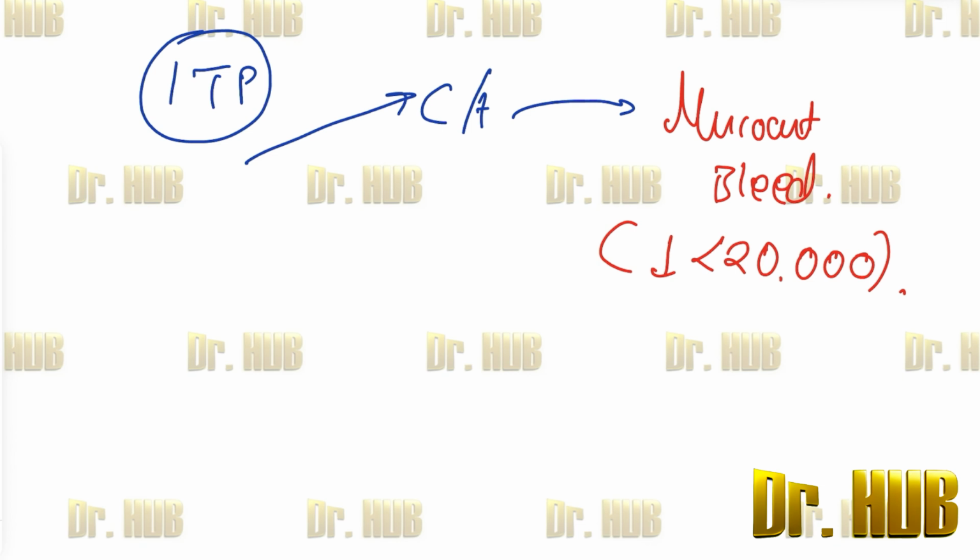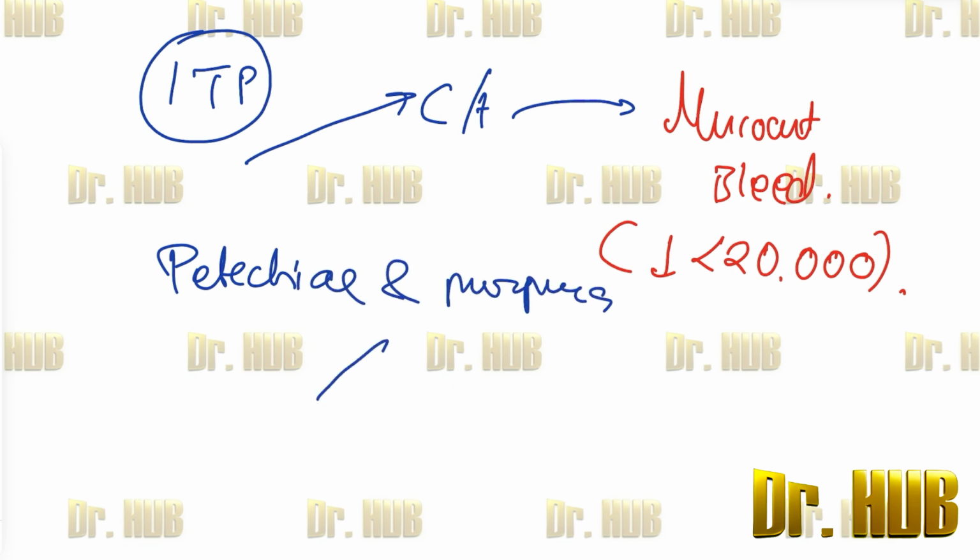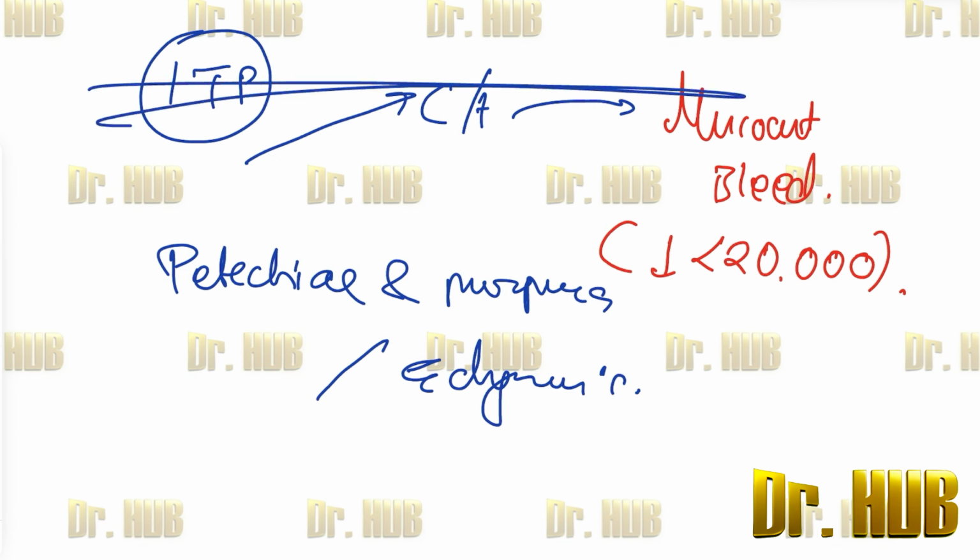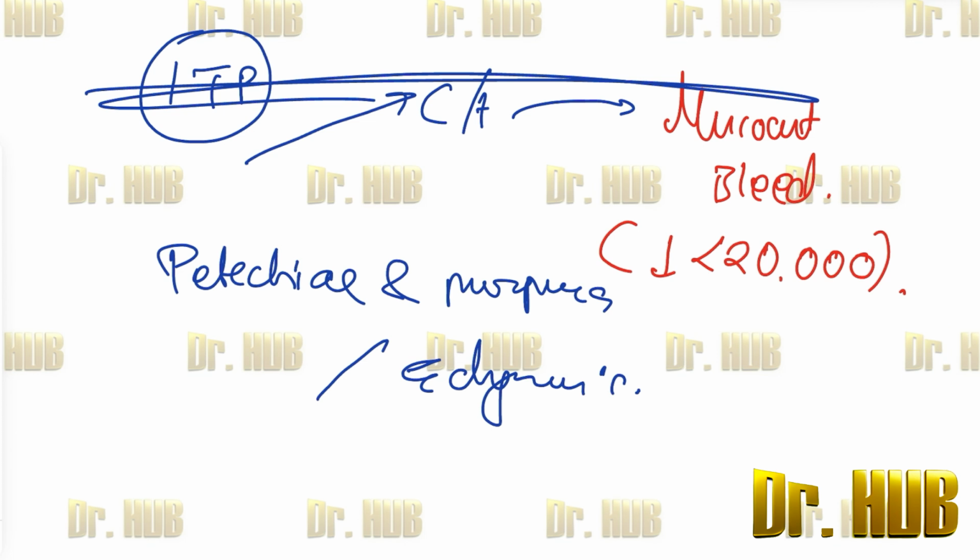There can be petechiae, hemorrhages, purpura, and ecchymosis. So all this can be seen, and moving on to the investigations, these are some common findings.